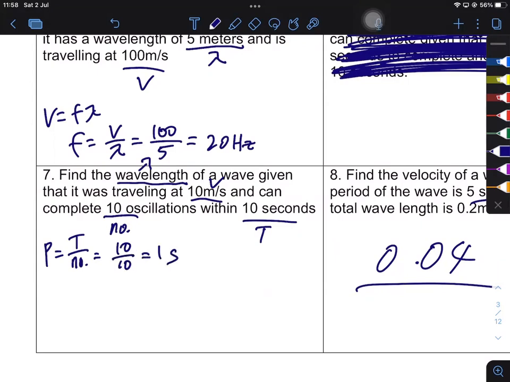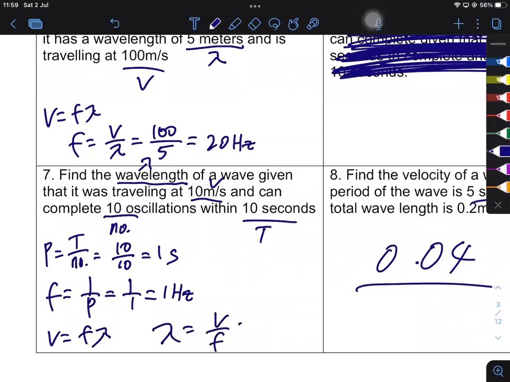With this period here, the next thing I want to find is frequency, right? Frequency is 1 over period, which is in other words 1 over 1, which is still going to be 1 hertz. All right. Then finally, if I want to find the wavelength, V equals F lambda, right? Lambda would have been V over F, which in this case here will be 10 meters per second divided by 1, which is supposed to give you 10 meters at the end of the day.